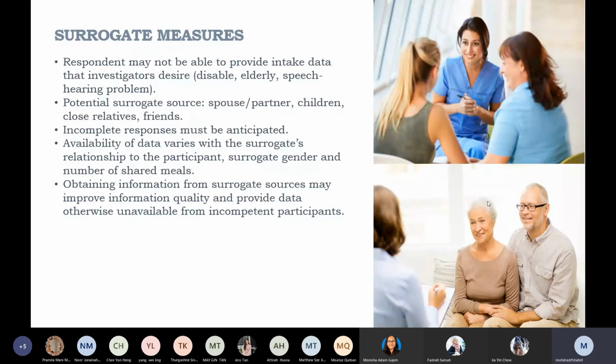The mother knows what the child has been consuming compared to the father, because the father goes to work and things like that. And the number of shared meals: if you eat together, the surrogate tends to know more of what the person has been eating. So obtaining information from surrogate sources may improve information quality and provide data otherwise unavailable from incompetent participants. So that must be anticipated.